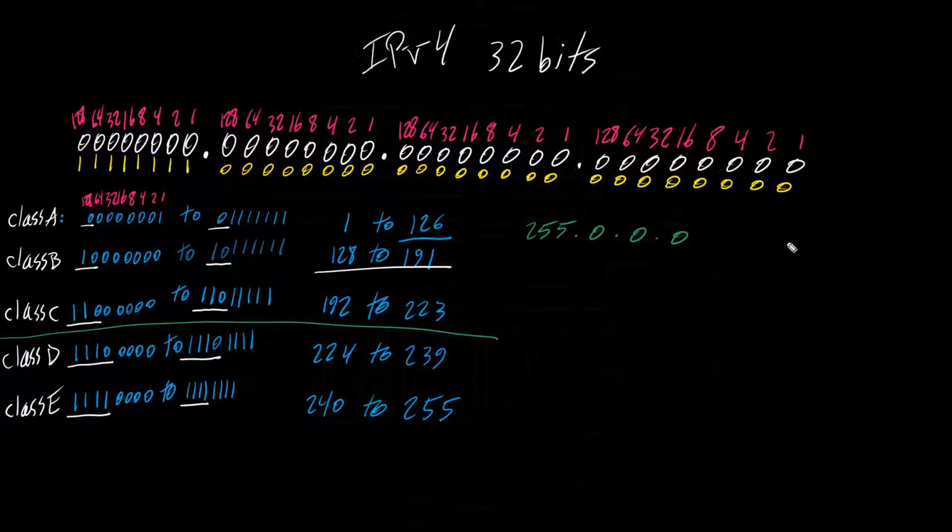You might also see this CIDR notation /8. CIDR is classless interdomain routing, which we will talk about more when we get to VLSM or the classless subnet mask. So this /8 means that 8 bits are fixed, turned on, 8 bits for the network.